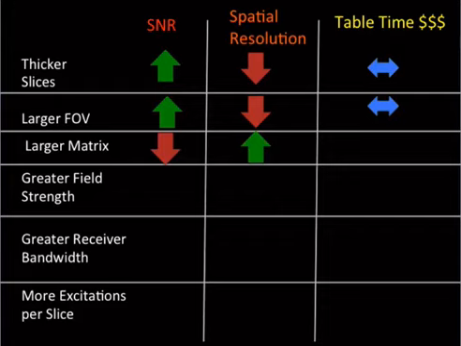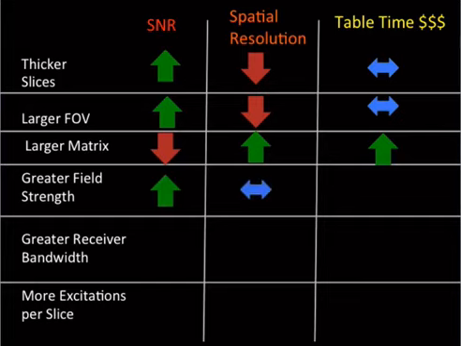It's important also to point out that spatial resolution is determined by matrix size in the frequency encoding direction, while scan time is determined by matrix in the phase encoding direction. So more matrix, more phase encoding, and that can result in a longer table time. Now remember, we said that greater field strength increases your signal with your noise staying constant, so that improves your signal to noise ratio.